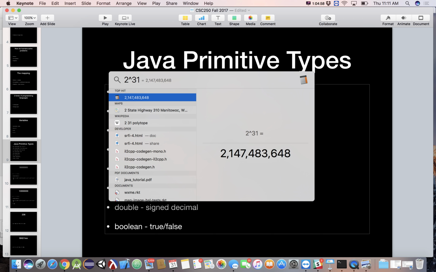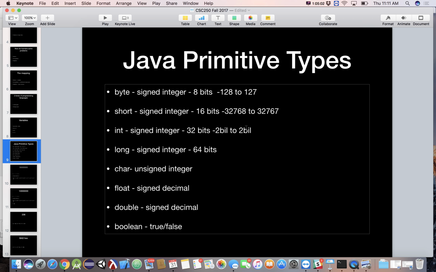That's the range of values for an int. You don't have to memorize those. A long is negative big num to positive big num.